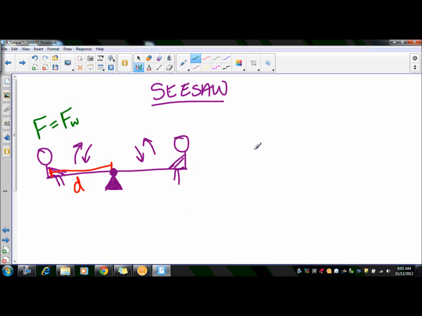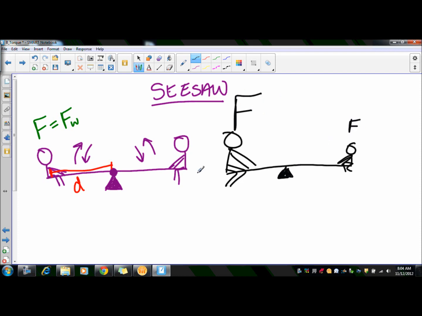But what if, for example, we had a seesaw where we had an adult sitting with a small child. So now we have a much larger force here than we do here because of their weight differences, but they're sitting the same distance apart.